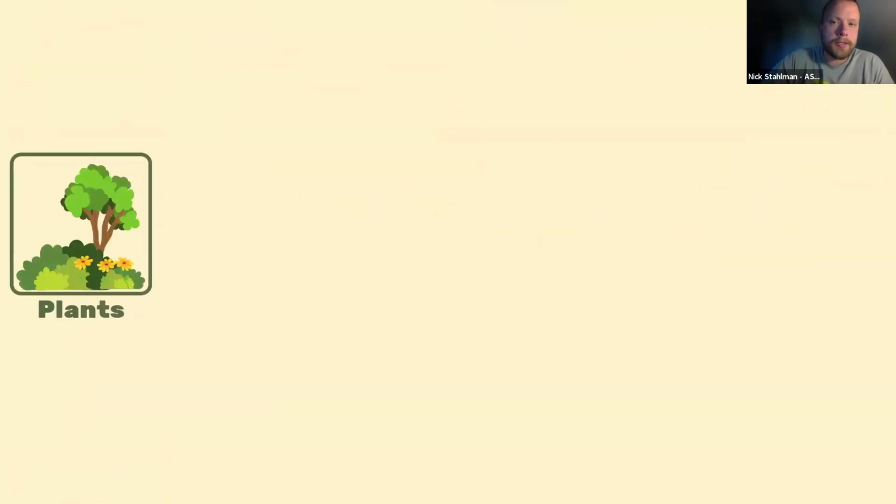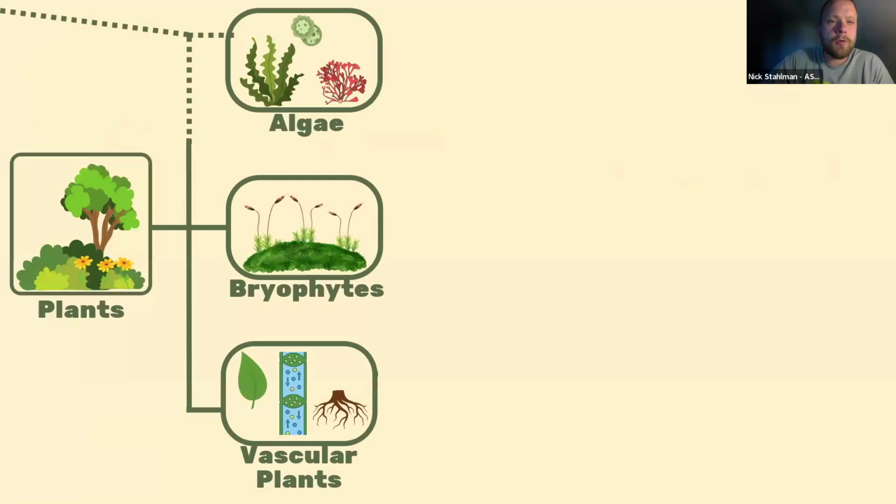So with plants, we can start with three categories. Here at the top, I have a dotted line because algae, it's a little different. Algae is mostly protists. There are some that could be considered plants. There's multiple things that could be considered algae, but the other break were our bryophytes. So our bryophytes, they are multicellular, they're land plants, but they're not vascular.